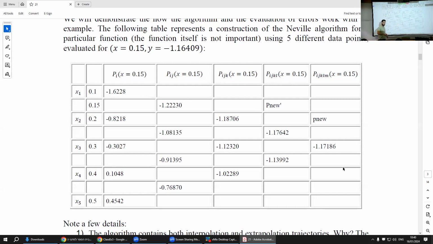So if we add more and more data from above, these points are above x. If we add more points from above, it seems that our answer would change only in the third decimal digit after the decimal point. So we can say it's enough for us.